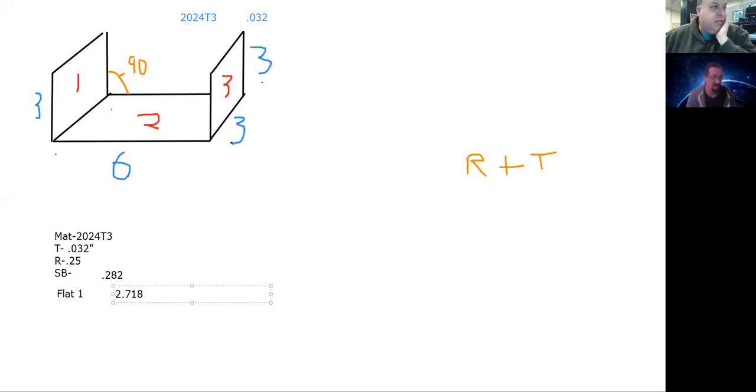I took 3 inches and subtracted 0.282, and I can tell that that's 2.718. But do it on your calculator and see, because I could be messed up. I doubt it on this problem.